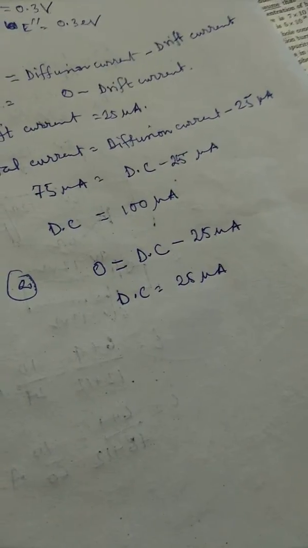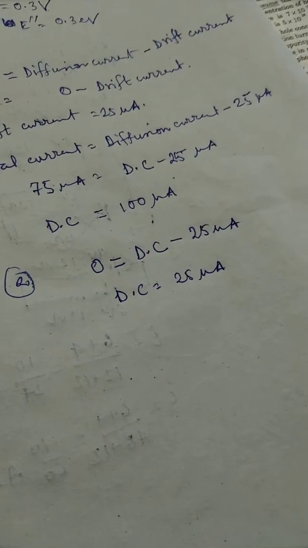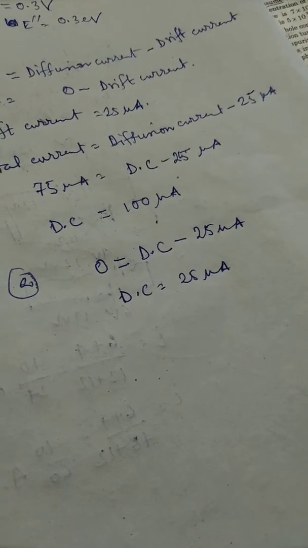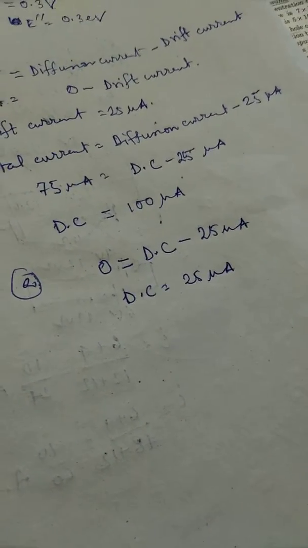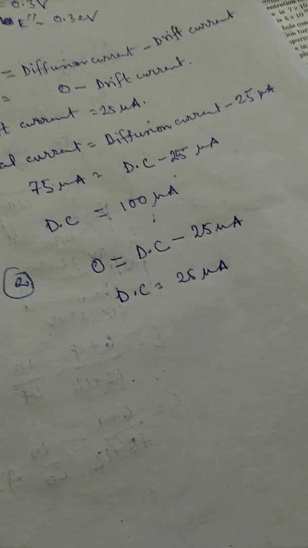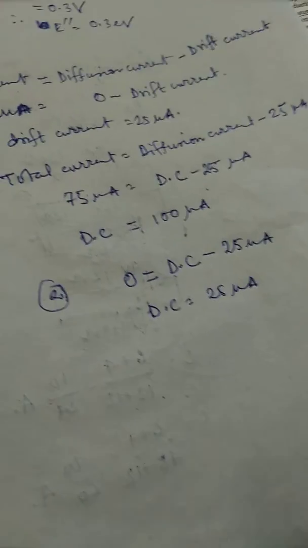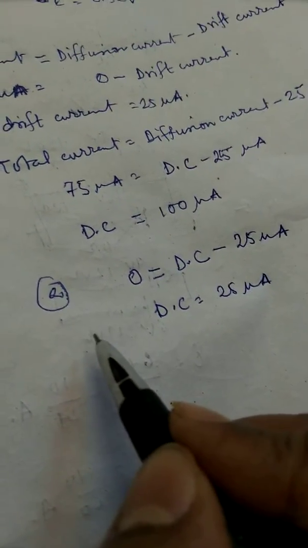I told you very slowly to understand the meaning. So diffusion current in unbiased condition is 25 microampere, and this is being neutralized by the minority carriers. That's why the total current is zero. It is the answer of part A.